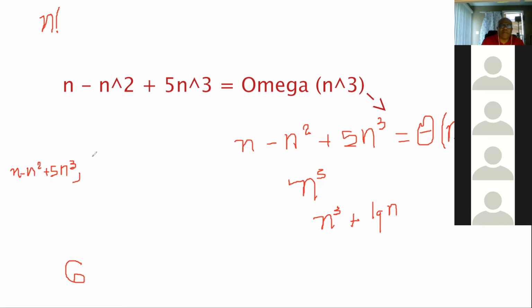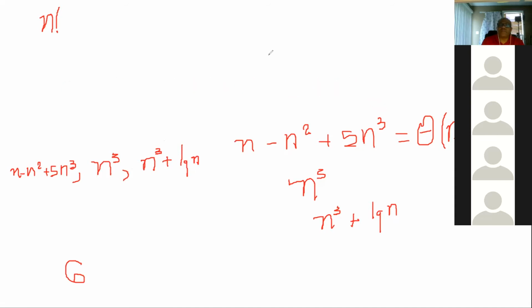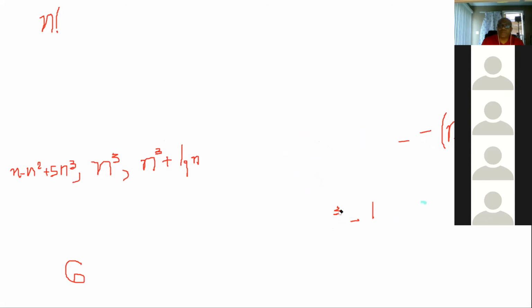Another one is n cubed. And the third one is n cubed plus log n. Okay. So we have 3 and 2, 5 of them so far. So we still have 10 to put in place.